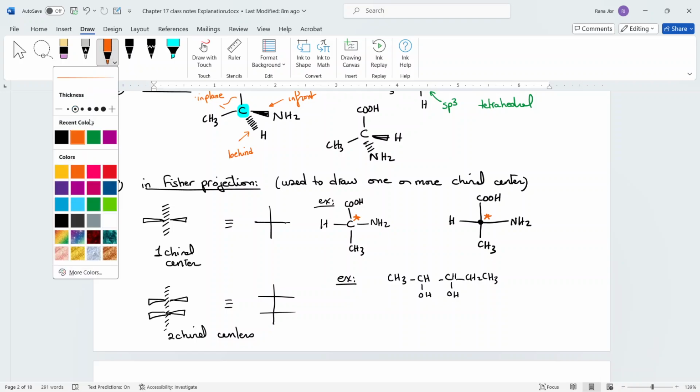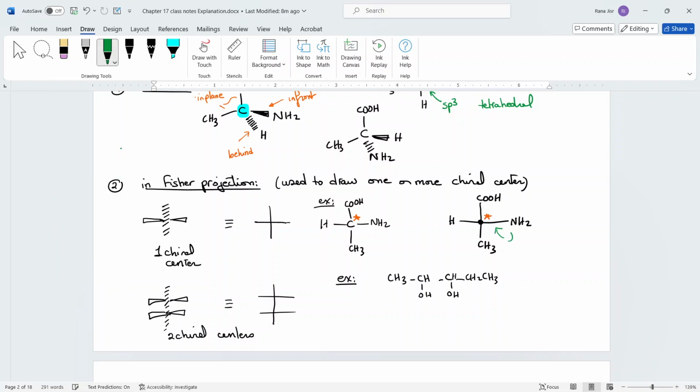So the NH2 and the hydrogen, both of those lie in front, and the acid and the CH3, both of those lie behind. That is the Fischer projection in there.